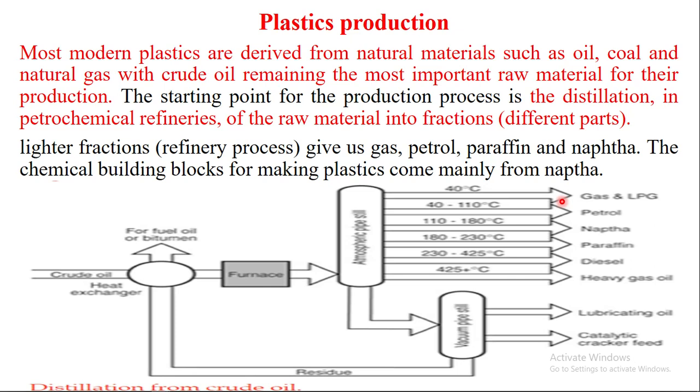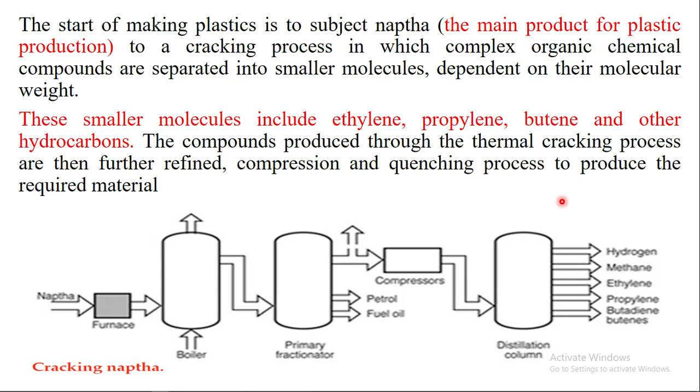They are removed due to the low weight of the chemical compounds. The compounds produced through the thermal cracking process are then further refined in compression and quenching processes to produce the required material. So at the beginning, from crude oil, by applying different temperature levels, we get different decomposed or cracked materials.